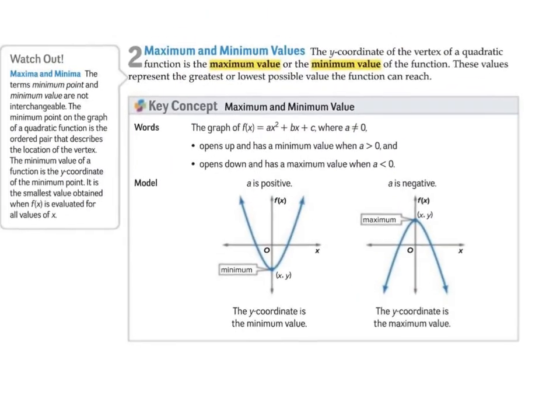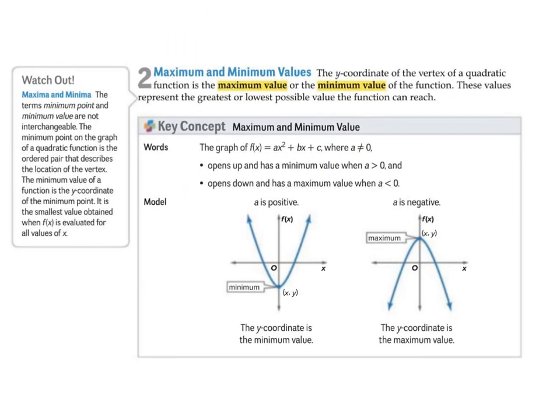So it should be intuitive or common sense that since it's symmetrical, the vertex will have to be either the minimum point or the maximum point of the curve. And we've been looking at this in chapter 1 and 2 anyway.